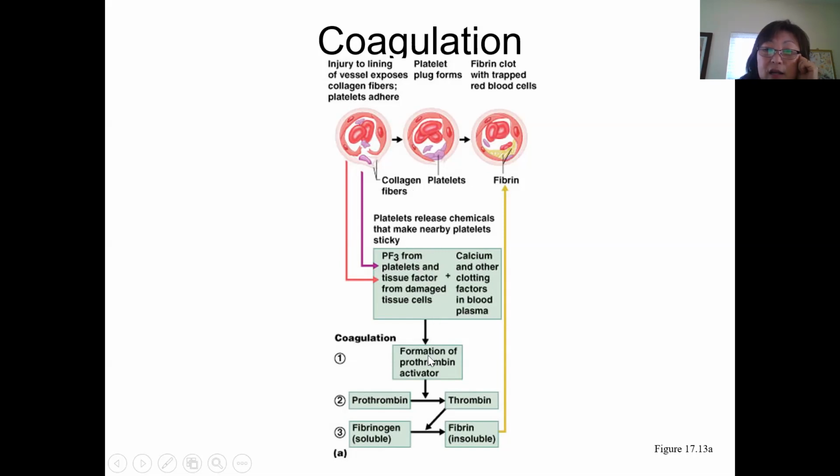The intrinsic and extrinsic pathways both lead to the activation of clotting factor number 10. And then the rest of the steps are shared by both intrinsic and extrinsic pathways.